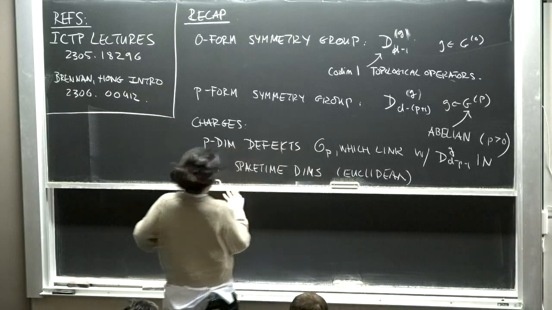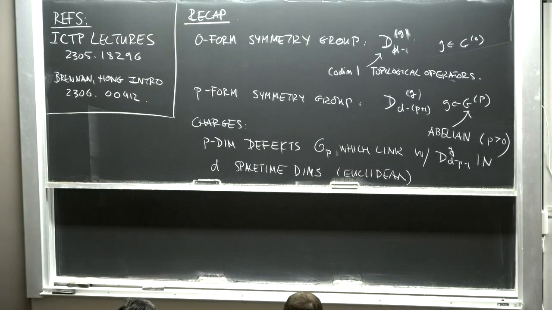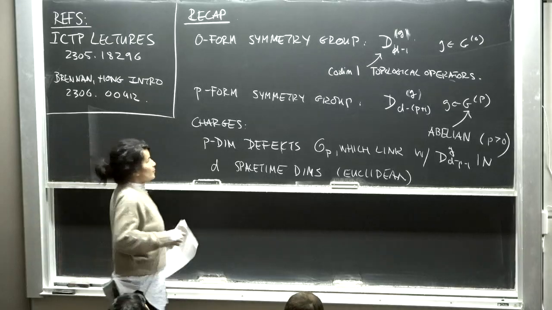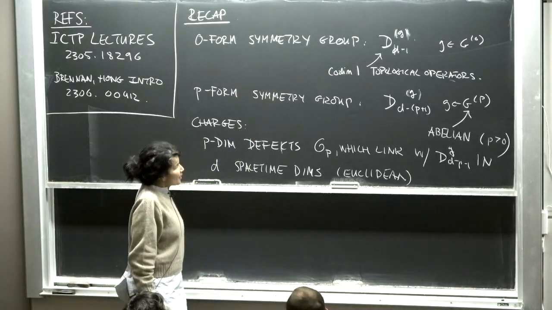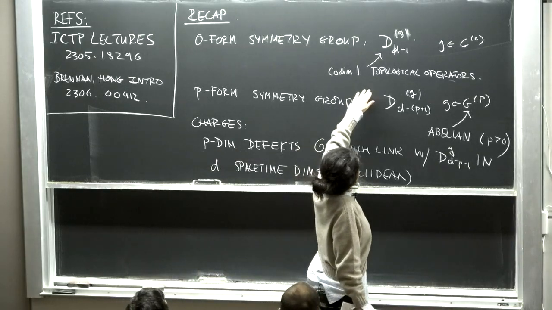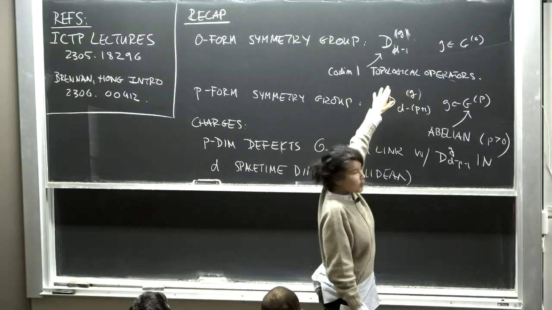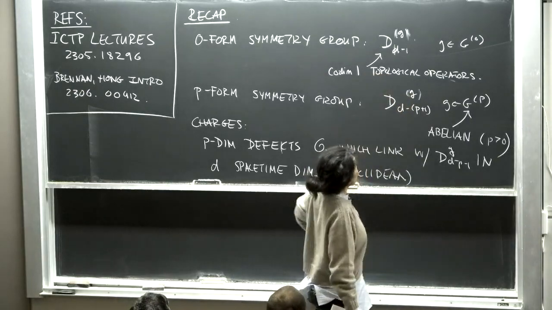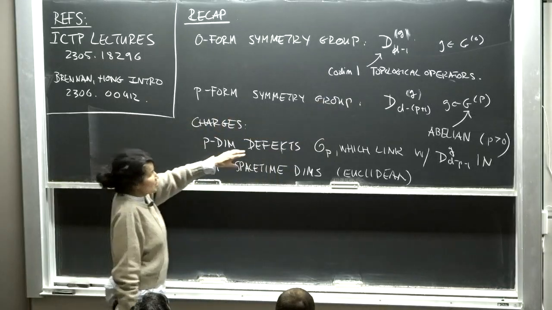Okay, so we started off talking about Noether and how we think about zero-form symmetries, so standard global symmetries in terms of topological defects. And the point we were making yesterday is we should think of zero-form symmetries as being generated by codimension 1 topological operators. So I will always denote them by capital D sub the dimension of the operator.